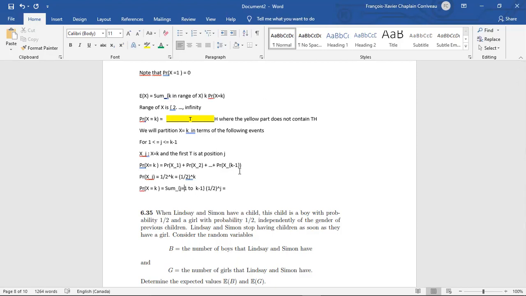So do you guys know a formula for this? So what is the partial sum of a geometric series? Yes.